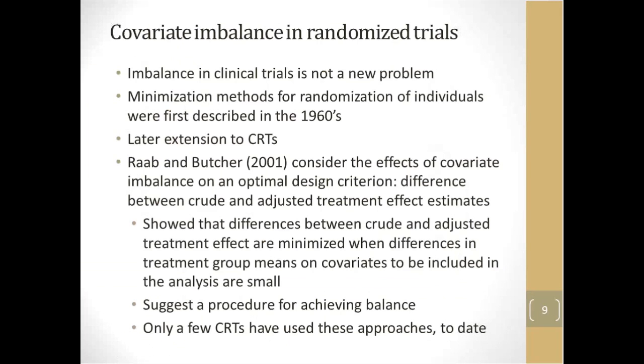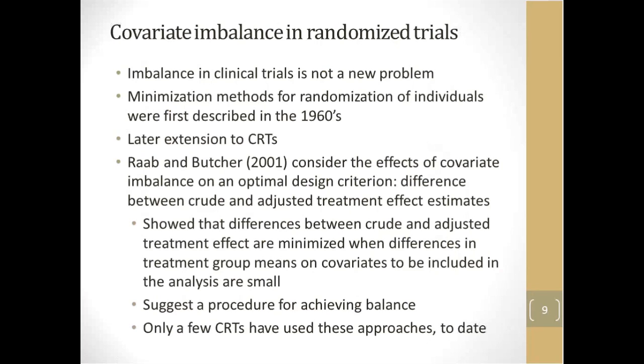Okay, so covariate imbalance in randomized trials isn't a new problem. Minimization methods were described even as early as in the 1960s and later extended to cluster randomized trials.